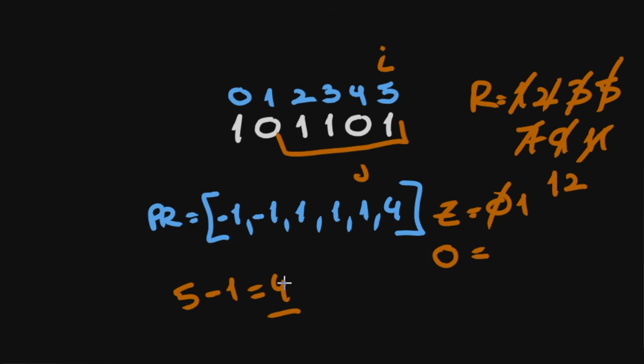Now if the current length is 4 and we have 1 zero, this means that we have 3 ones. And 3 is greater than 1 squared, so we are ready to add substrings here. Now in terms of space, we could add 4 because of the shape index, which is here. 4 minus previous at shape, and 4 minus 1 is 3.